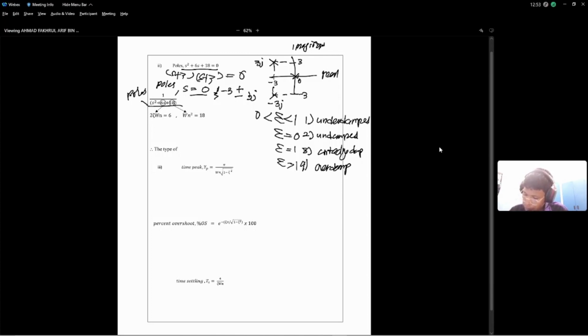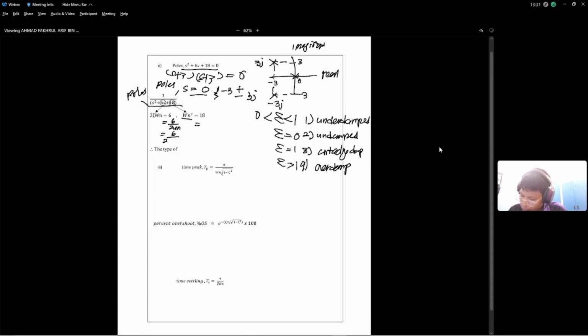So from this equation we can find out the damping ratio by using the denominator. For the 6s, it is equal to 2 zeta omega_n. Oh, before that we need to find omega_n first.